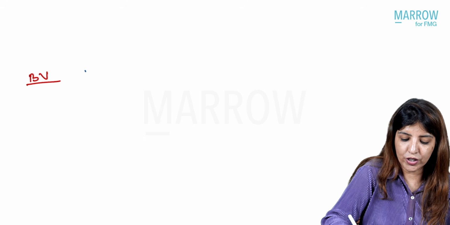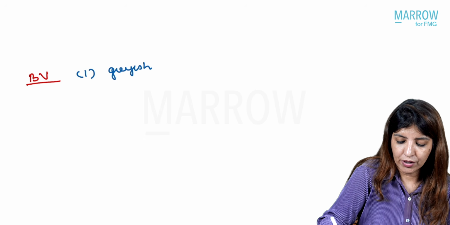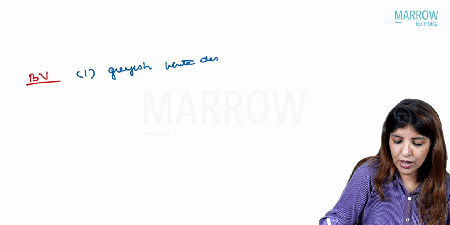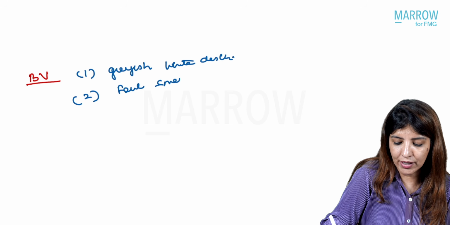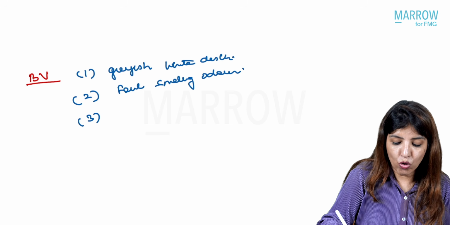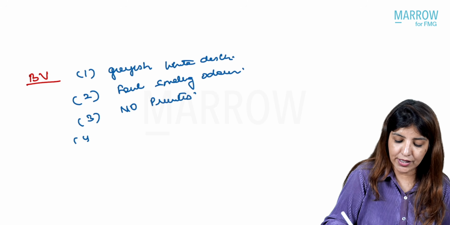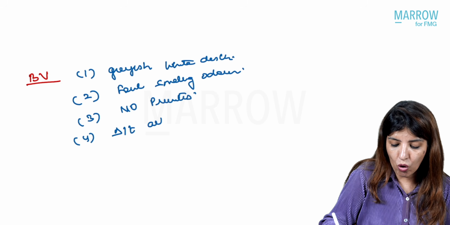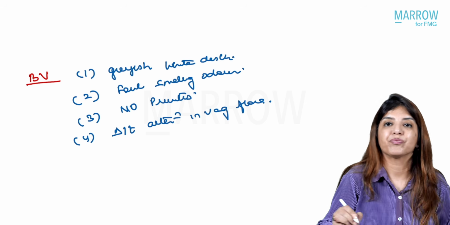Now, what do you get in case of bacterial vaginosis? Your question is going to say that there is grayish white discharge. This discharge will have a foul smelling odor, right? There won't be any pruritus. This is due to alteration in vaginal flora, right?